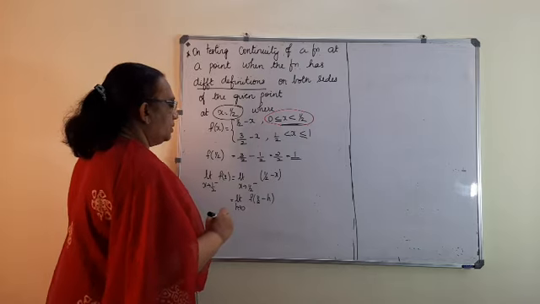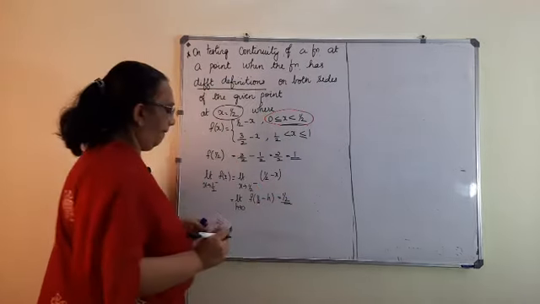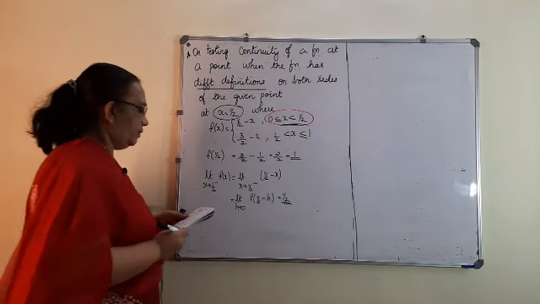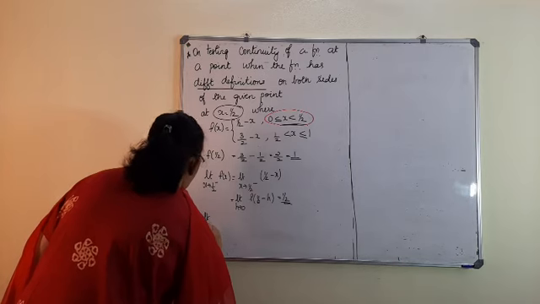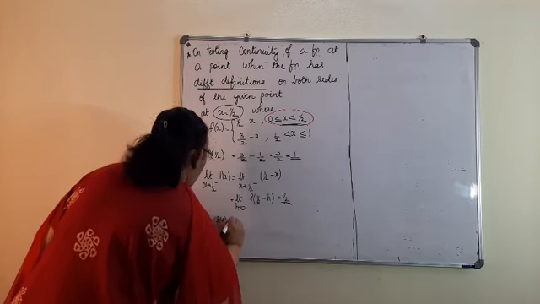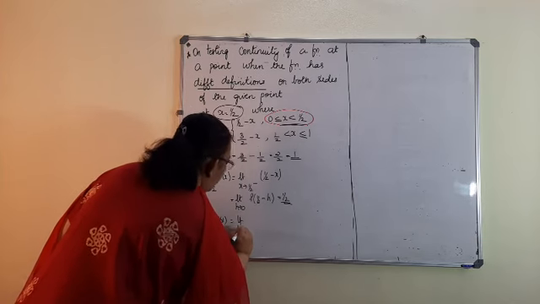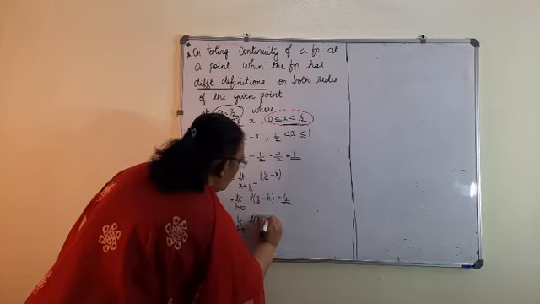H is tending to 0, so this value is equal to 1 by 2. And limit of x tending to 1 by 2 plus f of x is equal to limit h tending to 0 of f of 1 by 2 plus h.